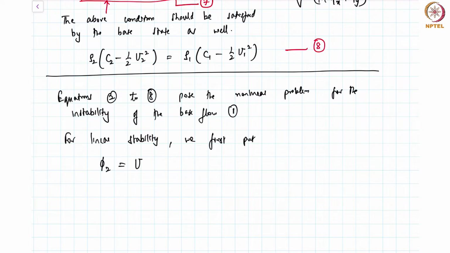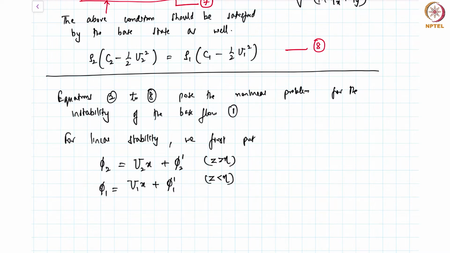This would be u2 times x plus a perturbation, and the perturbation is represented by a prime. Note that if you do not have a perturbation, the velocity potential is simply u2 times x, because there's only one component of velocity. And for the lower fluid, phi1 would be u1 times x plus phi1 prime. This is for z greater than eta, and this is for z less than eta.